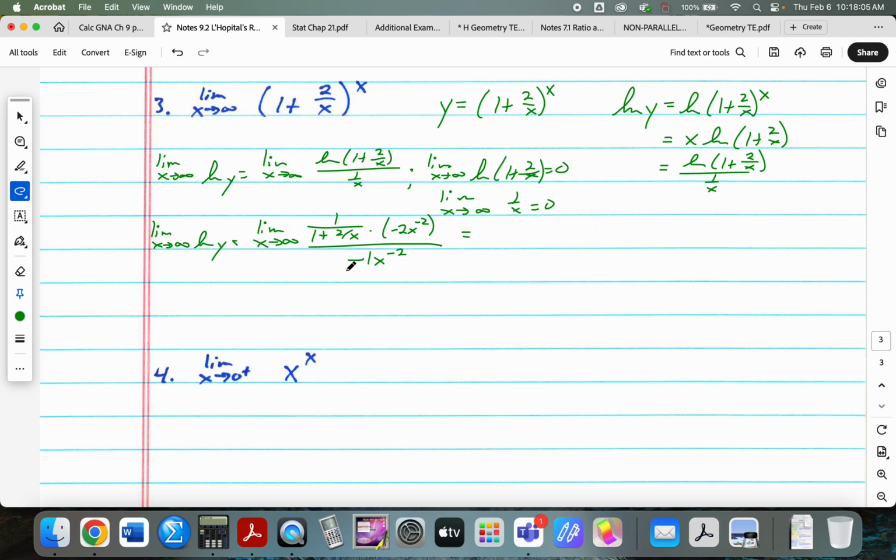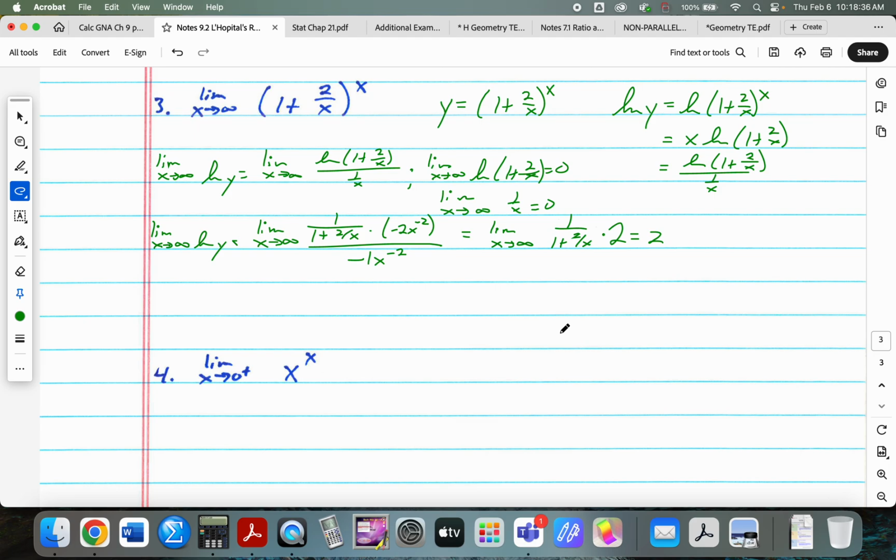I can cancel out the negative and the x to the negative 2, so that I have the limit as x goes to infinity of 1 over 1 plus 2 over x times 2. As x goes to infinity, that fraction goes to 1, this goes to 2.